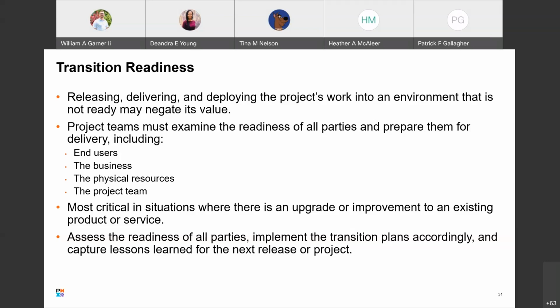So do you think, for the folks thinking it's predictive only, that in an Agile experience this maybe just happens more often? Maybe it doesn't happen only at the end, which makes it feel very predictive, where you're waiting for all the phases to complete and then handing it off.